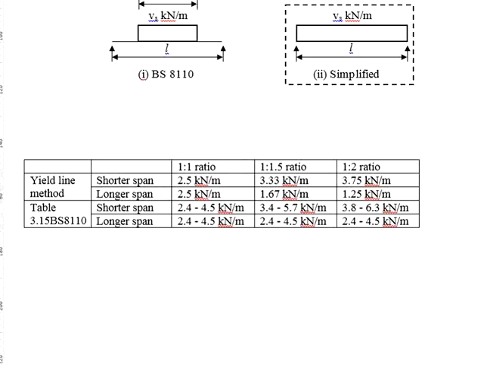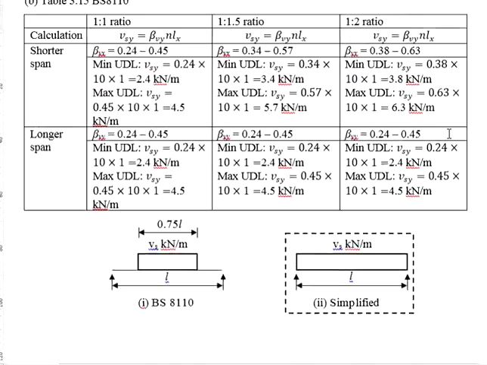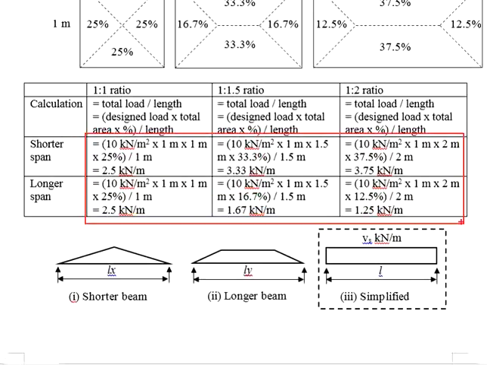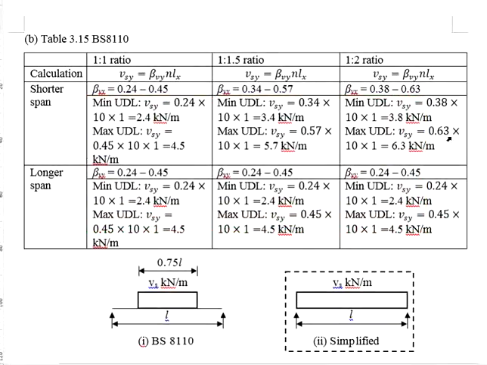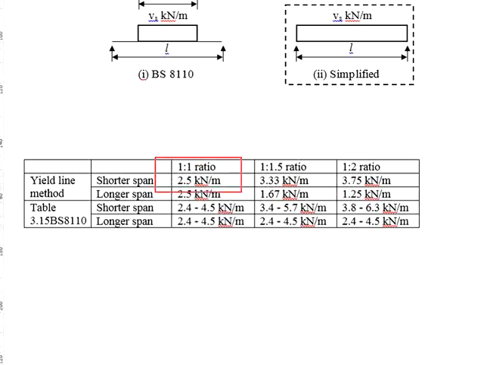Now let us compare the result as obtained from the U-line method as well as the British Standard method. The result is summarized here. First, the U-line method gives you one exact value, whereas the British Standard method gives you a range of the loading depending on the type of the slabs.